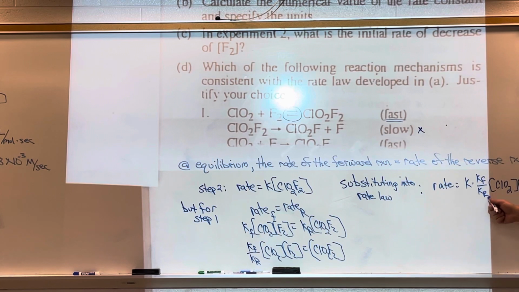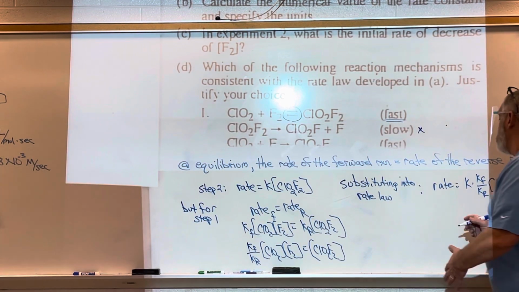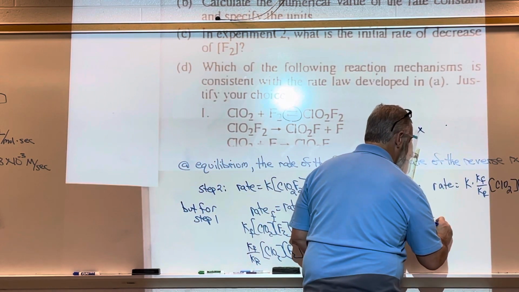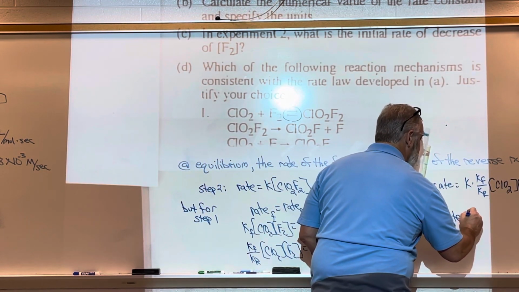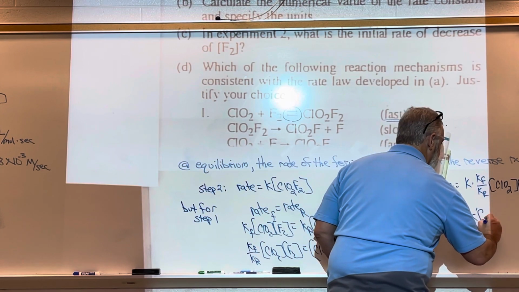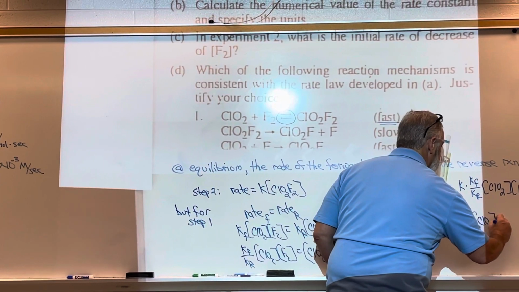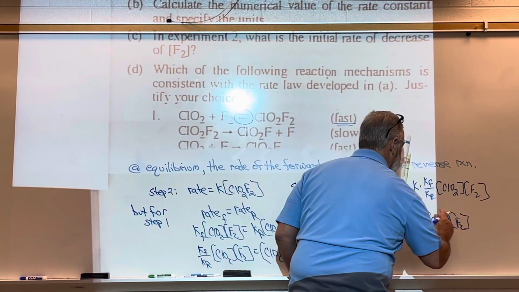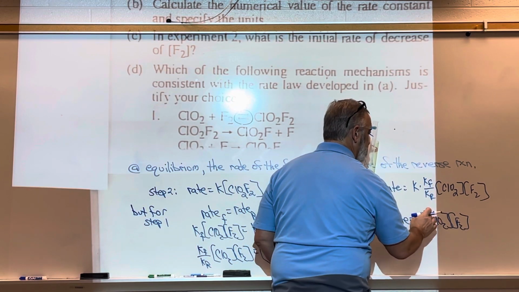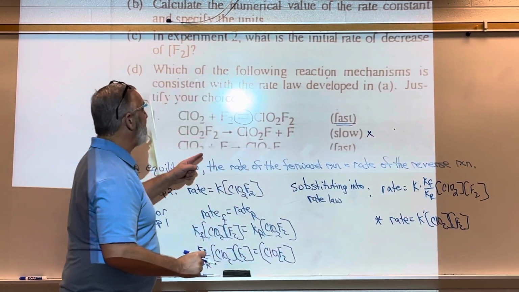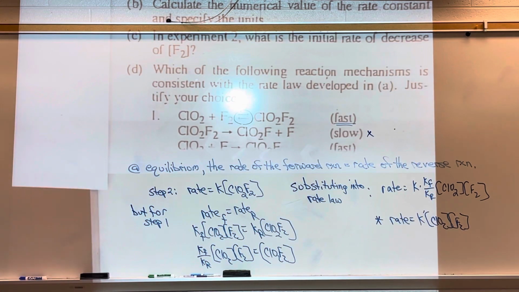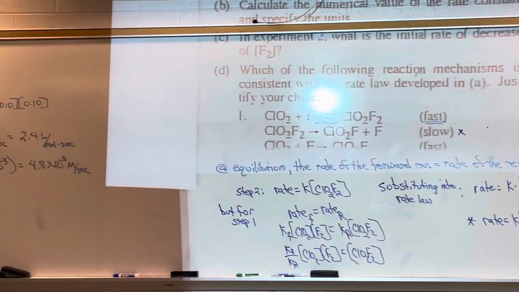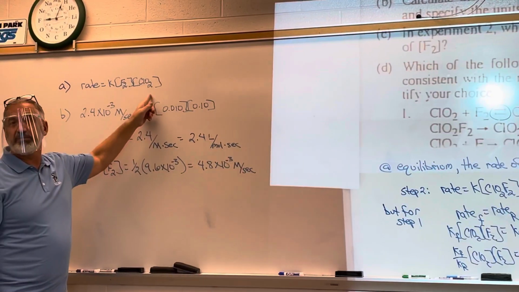So our final rate law is rate equals K prime times ClO2 times F2, which is the same as the experimentally determined rate law.